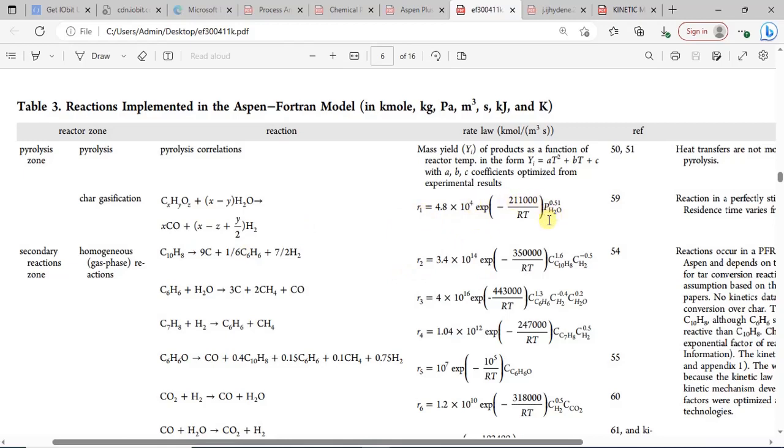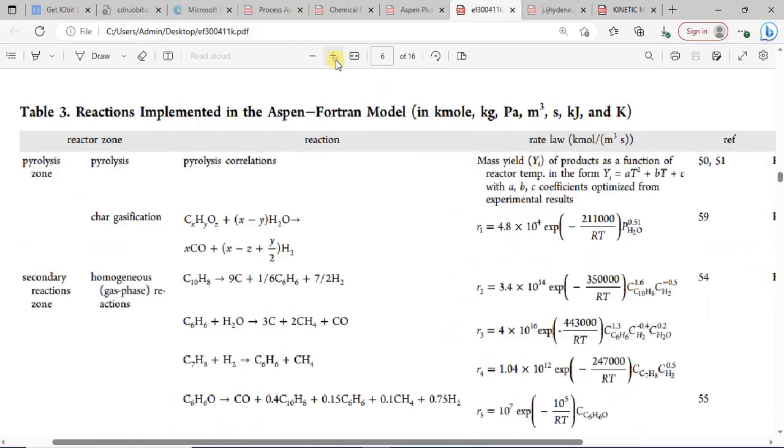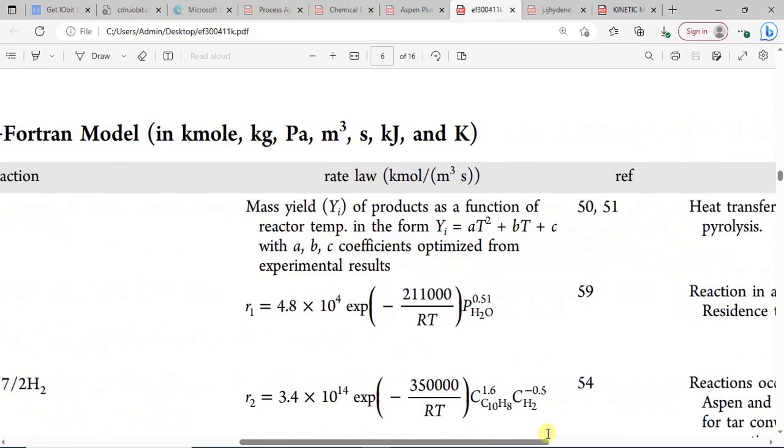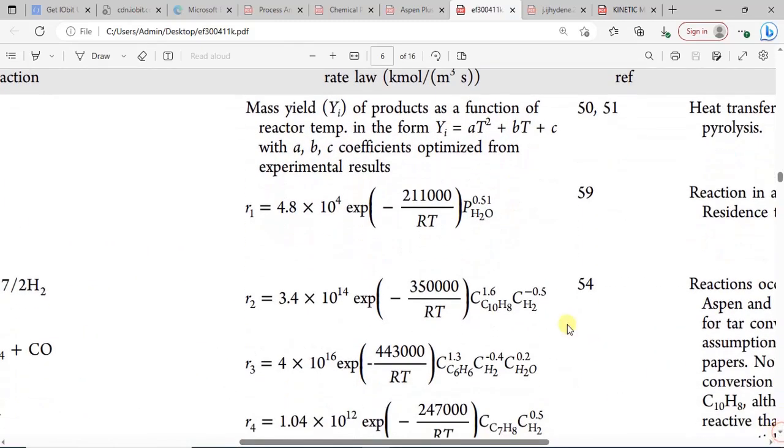For the concentration of the reactant, we have P here. As you can see, let me zoom in. Okay, so I have zoomed in more. So we have P here for this first one, and then for the second one and the third one we have C. So P stands for the partial pressure, so this is actually the concentration basis.